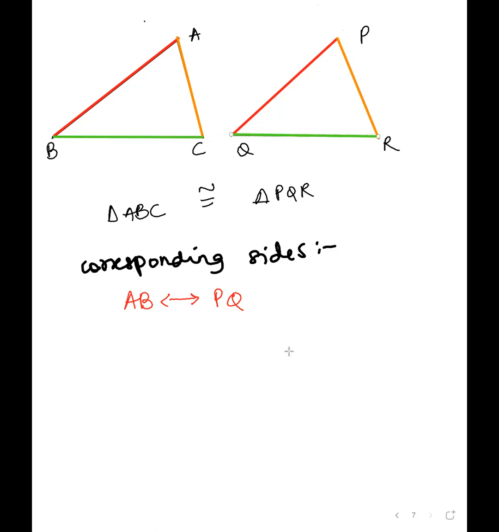Now let's talk about the angles. Actually, before the angles, even before the sides, we should have talked about the vertices. Now tell me which vertex is corresponding to which vertex? This is called the vertex. Vertex A and vertex P. So you have to write it like this, corresponding vertices. Over here, we have written corresponding sides. You have to write corresponding vertices, which is the plural of vertex.